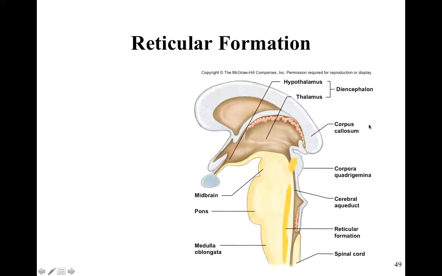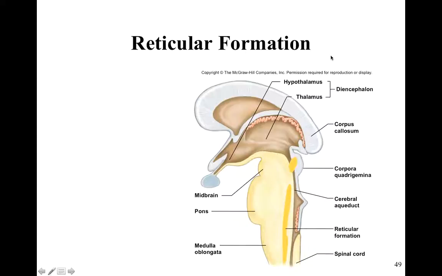It's not continuous in there, and it connects the hypothalamus, the basal nuclei, cerebellum, and cerebrum all together. And the big function of the reticular formation is filtering sensory information. And along with that is our cerebral cortex.